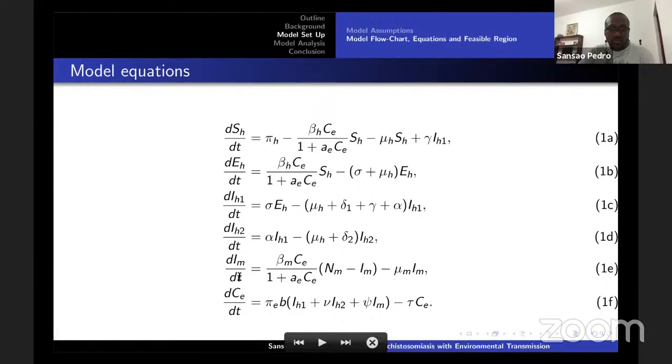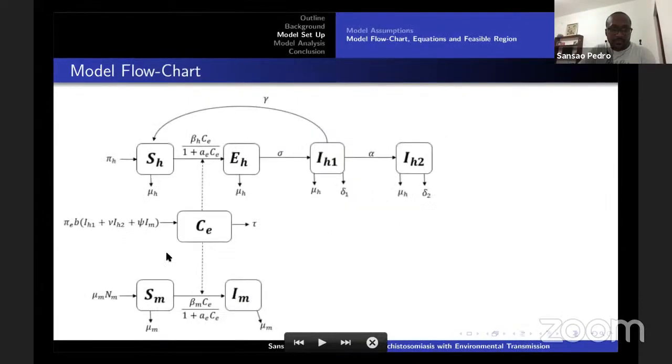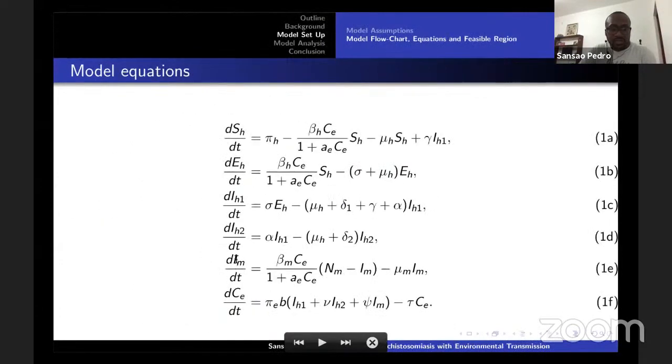Why? Because we assume that the sum of these two states is constant, which means we can write the infective compartment for non-humans this way, okay? So the susceptible can be found when IM is known, which means we can neglect it from our system.